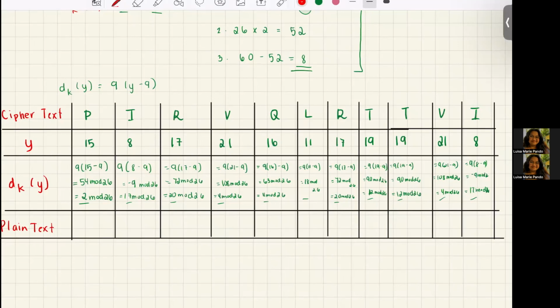So for 2, we have C, 17 is R, 20 is U, 4 is E, 11 is L, 18 is S, 20 is U, 12 is M, 4 is E, and 17 is R.